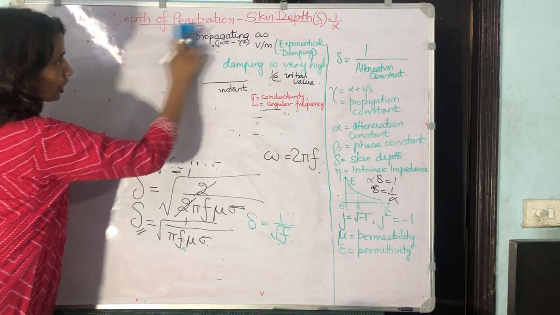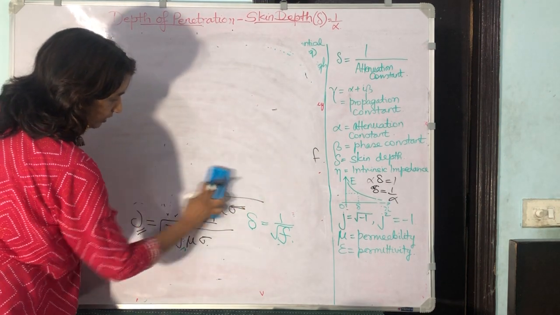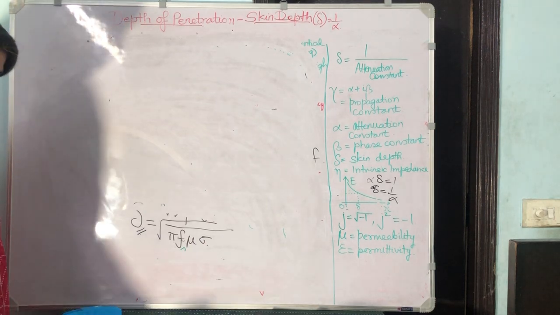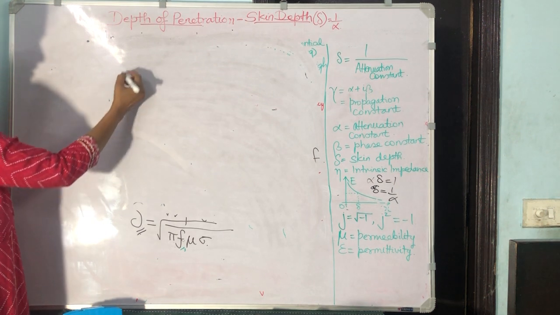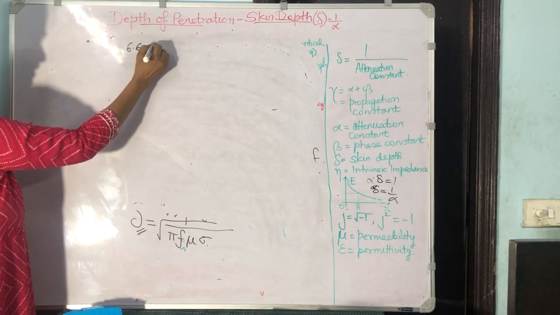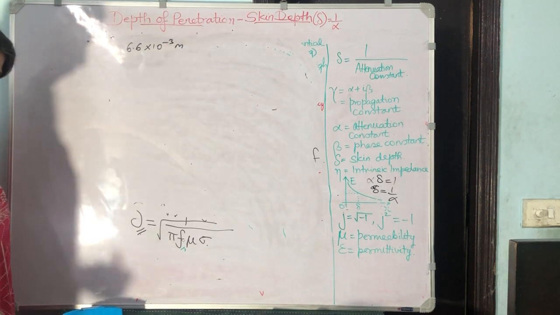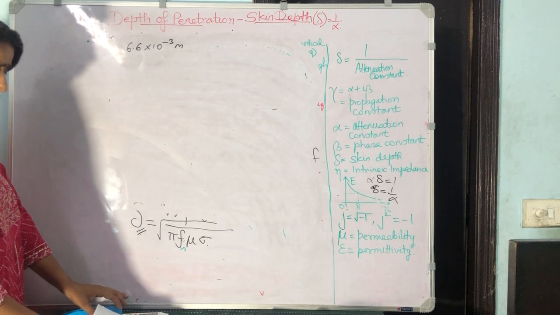The skin depth for copper is approximately 6.6 into 10 to the power of -3 meter, for microwave frequencies.